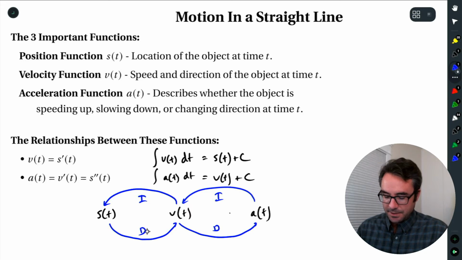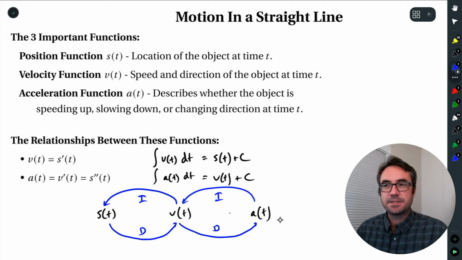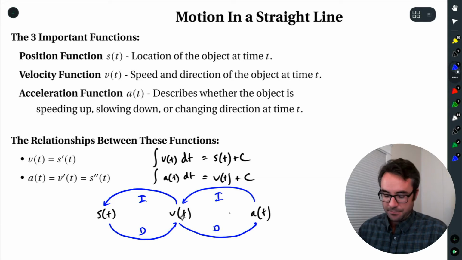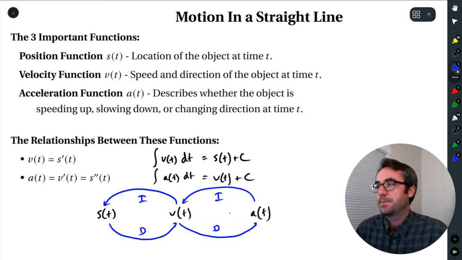So this is the way to keep it in mind. If we know our position function, we can find velocity and acceleration by differentiating however much we need to. If we know acceleration, we can find velocity or position by integrating as much as we need to. And if we know velocity, we can go from there to position or acceleration.